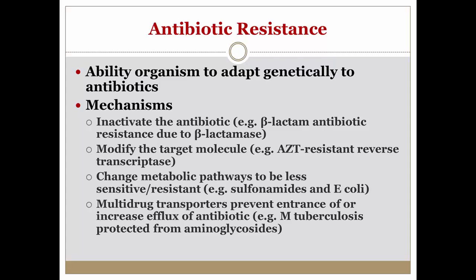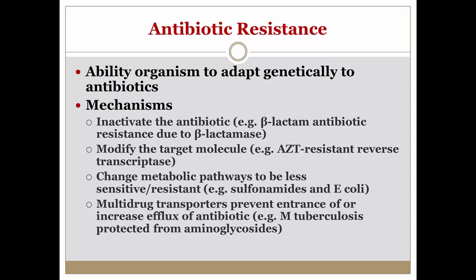So antibiotic resistance is the ability of an organism to adapt genetically to an antibiotic. And there are a variety of mechanisms by which the organism can actually develop resistance. And again, tricky, tricky, tricky.